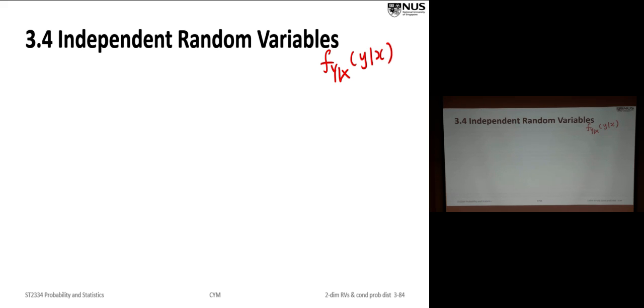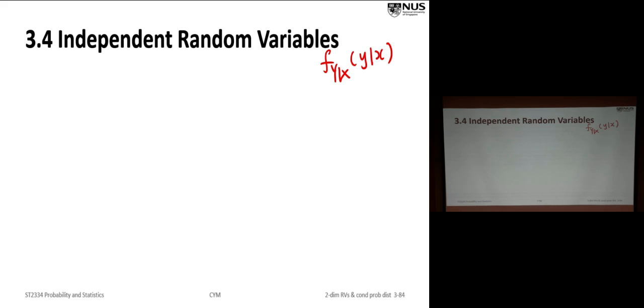All right. So this whole thing tells us something about the behavior or the distribution of y, given that the random variable x equals the little x. So it's a one-dimensional random variable.